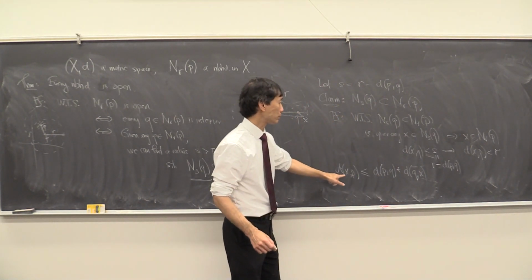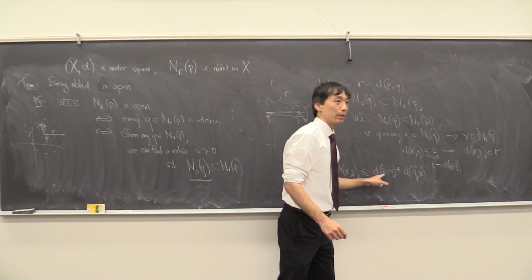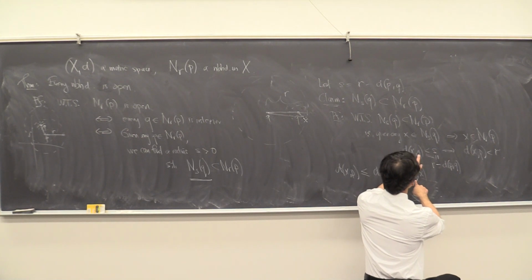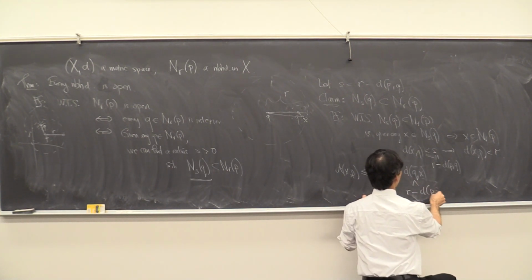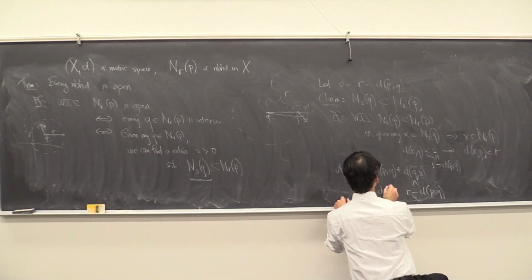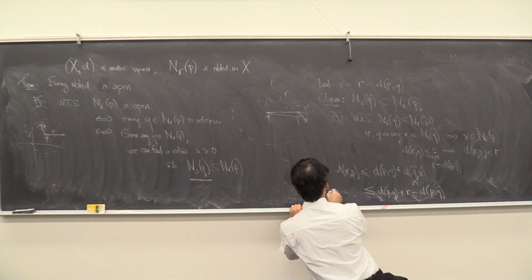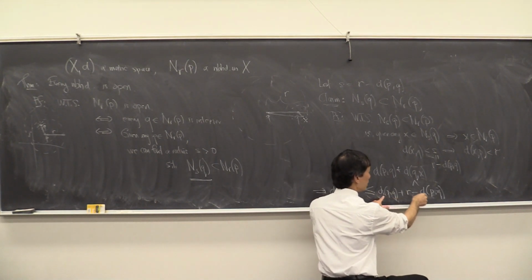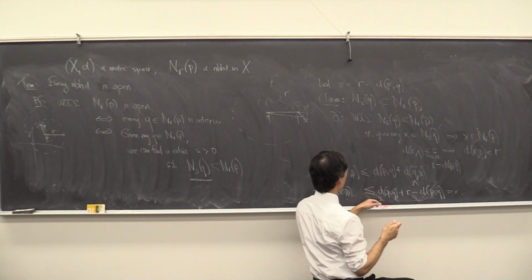Well, the distance from Q to x is controlled by R minus the distance from P to Q. So we get the distance from x to P is controlled by the distance from P to Q plus R minus the distance from P to Q. In other words, it's controlled by R.